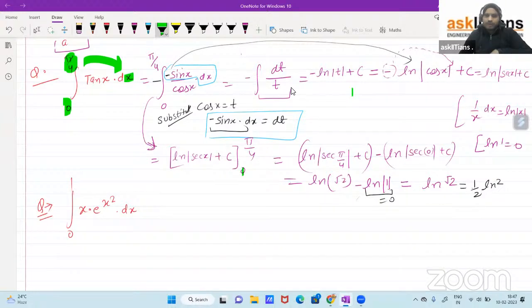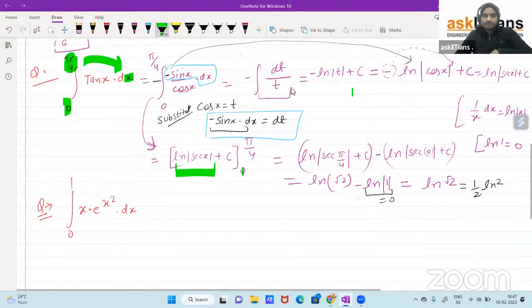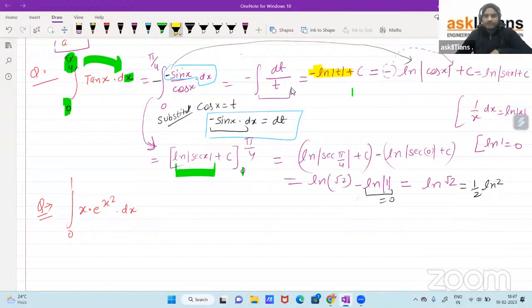So your integration should be in terms of x only. You can't put the limit at this point. You have to first substitute back in terms of x only, because 0 and pi by 4 were the limits of x, not of t. Clear?